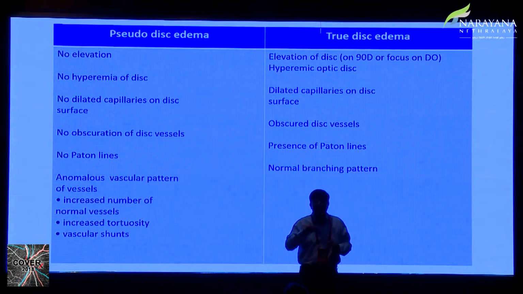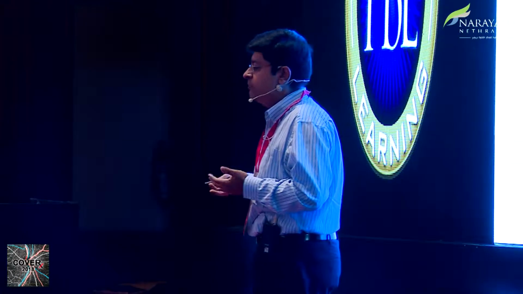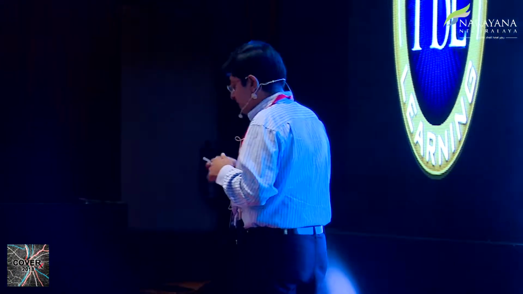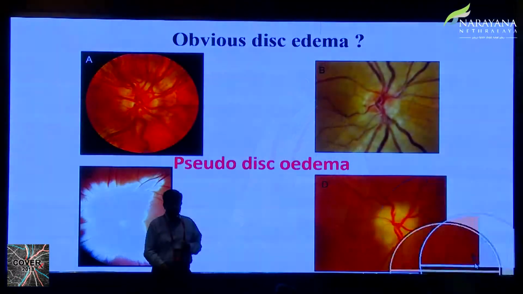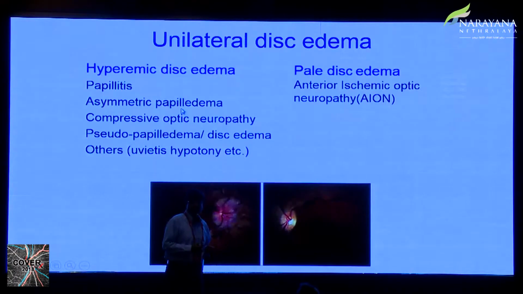The nerve fibers hump up when they exit the disc, but they quickly come down and settle at the retina, and therefore it appears to be an edema, but it's just the nerve fibers. There are no dilated capillaries, no hyperemia of the disc, no obscuration of disc vessels, and there is a lot of abnormal pattern that we saw in the first photograph. You can see an abnormal peripapillary vasculature, which suggests that it's a pseudo disc edema.